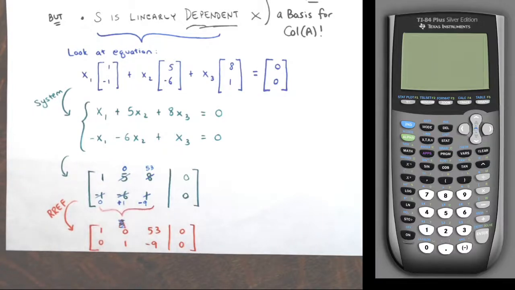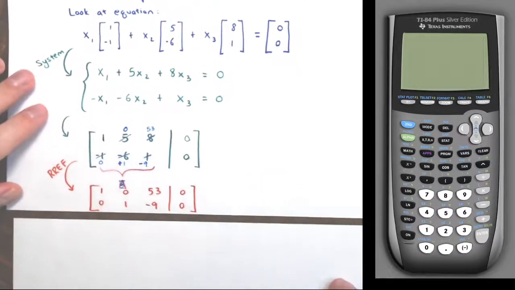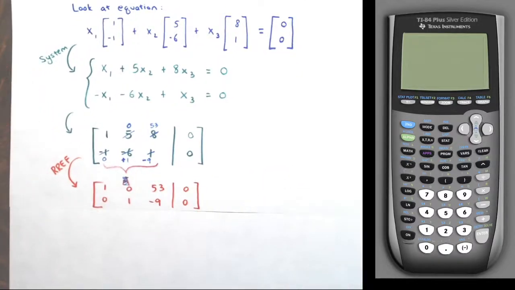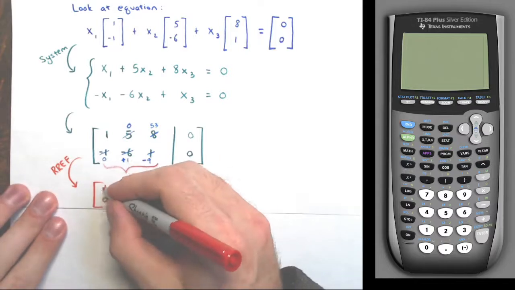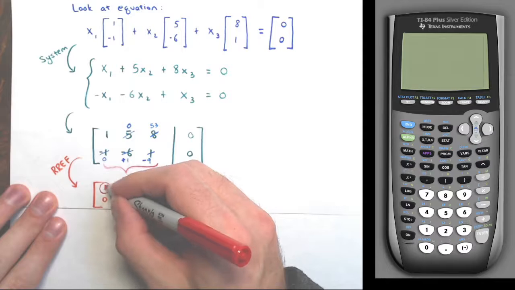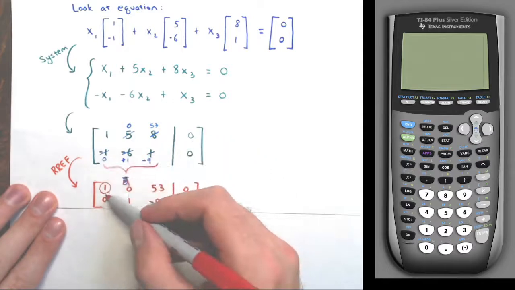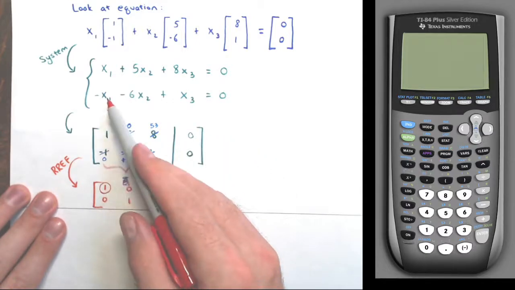Now, if you look at this, look at the pivot positions. Look at where the pivot positions are, those leading ones in the rows. You see that very clearly. The first pivot position here is in the first column, and that first column corresponded to coefficients of this x1, right?